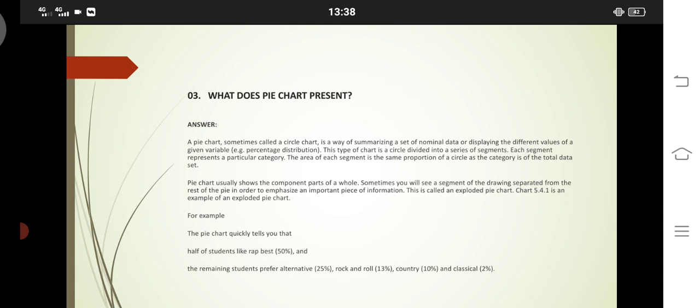An example is shown here of an exploded pie chart. For example, the pie chart quickly tells you that half of students like rap-based music, 50%, and the remaining students prefer alternatives: rock and roll 13%, country 10%, and classical 2%.